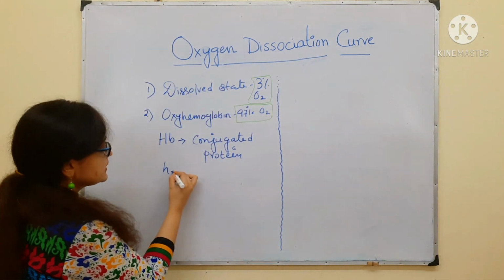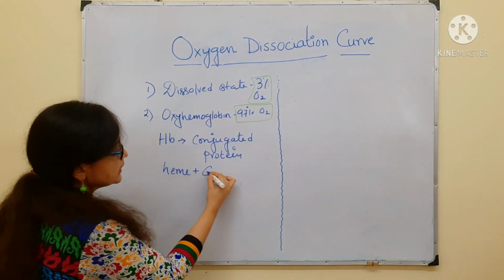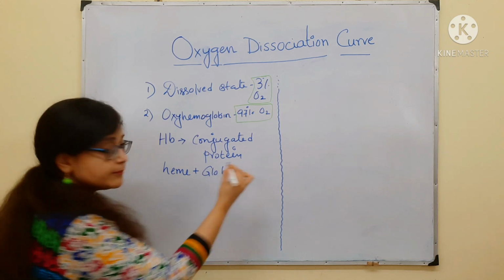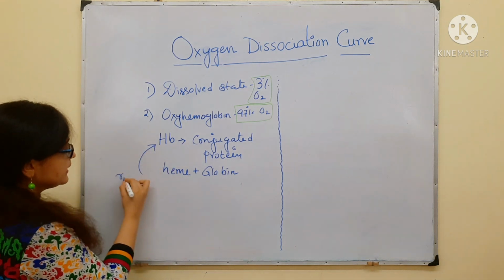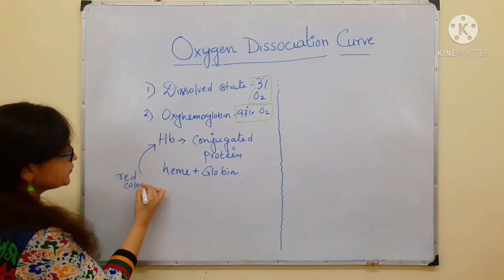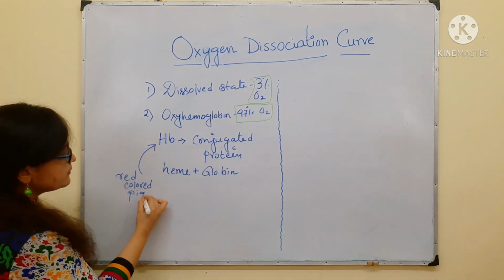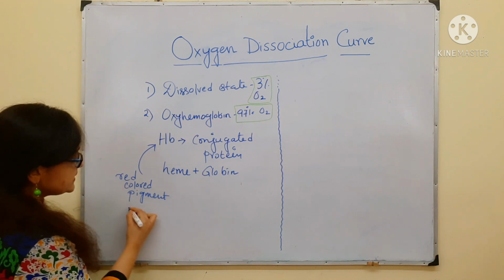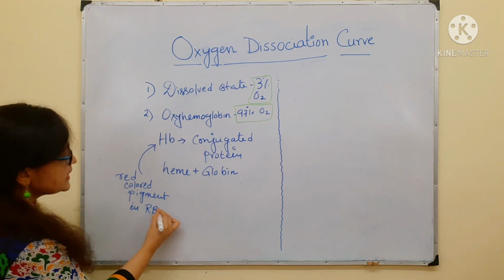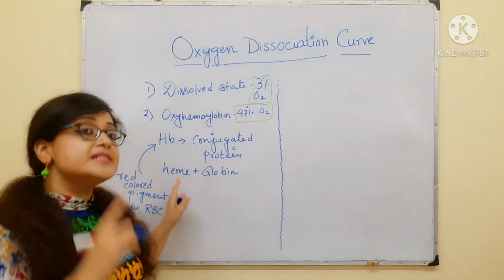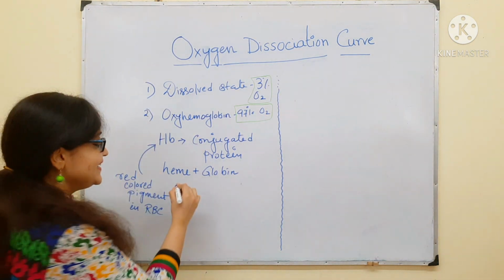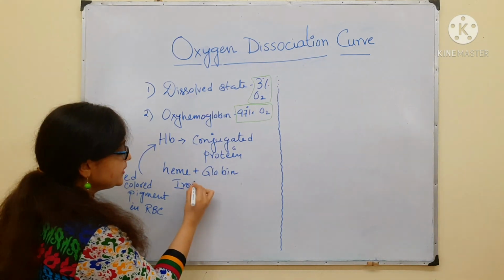This heme plus globin makes one hemoglobin, and hemoglobin is a red colored pigment present in RBC, red blood corpuscles. This heme part is the non-protein part and it contains iron.